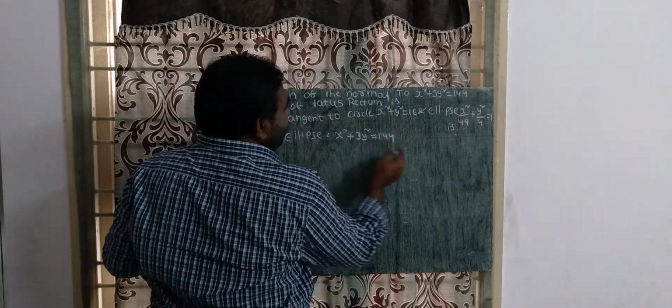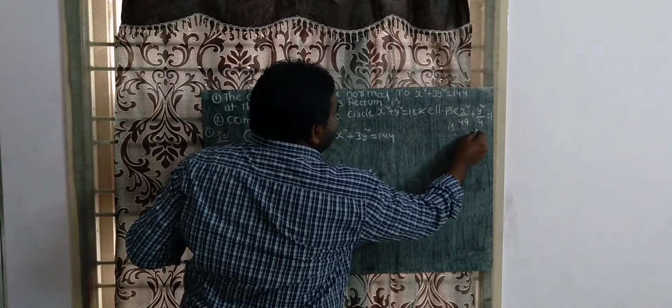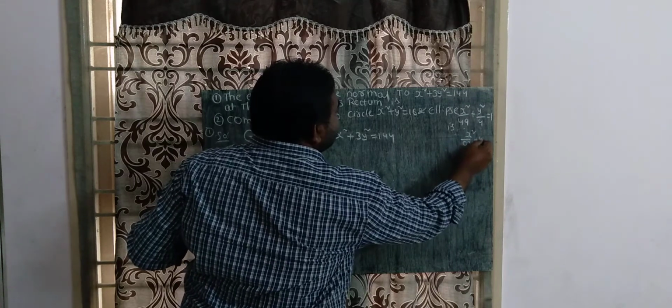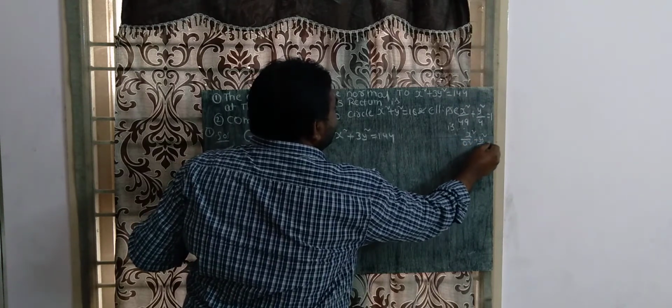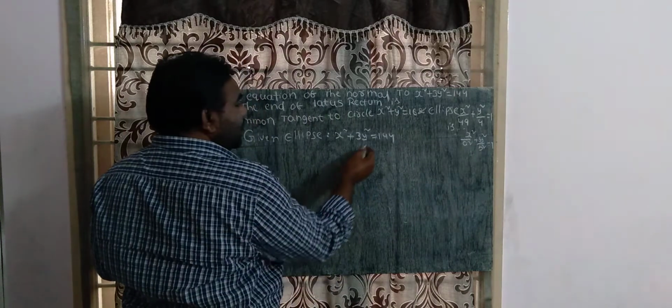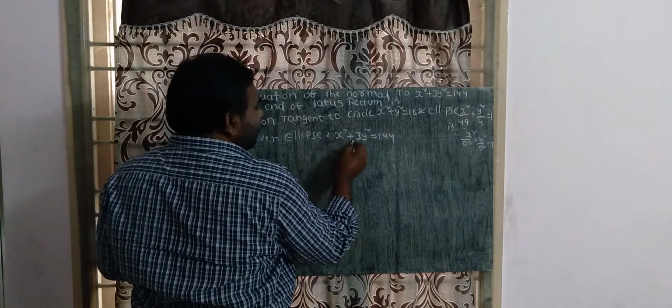Here, the ellipse should be in the form of x square by a square plus y square by b square equal to 1. That's why we divide both sides by 144.